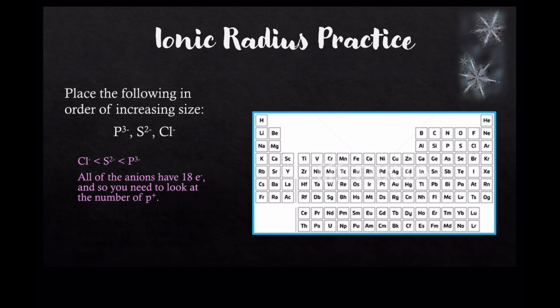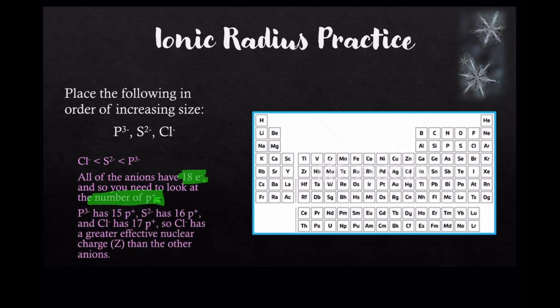So to sum up, since all of the ions have 18 electrons, we already established that, we will need to look at the effective nuclear charge, the number of protons. We established that the phosphorus ion has 15 protons, the sulfur ion has 16 protons, and the chloride ion has 17 protons.